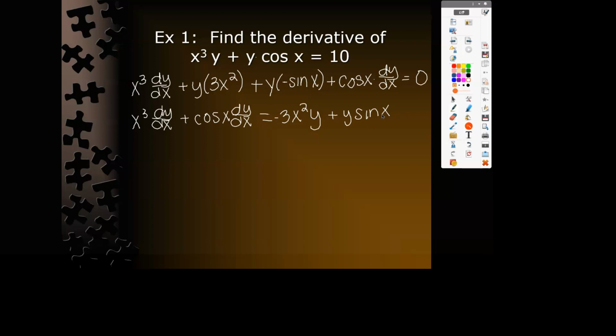And then once everything without a dy dx is on the right, and everything with a dy dx is on the left, we can take out that dy dx as our GCF. Divide everything over.